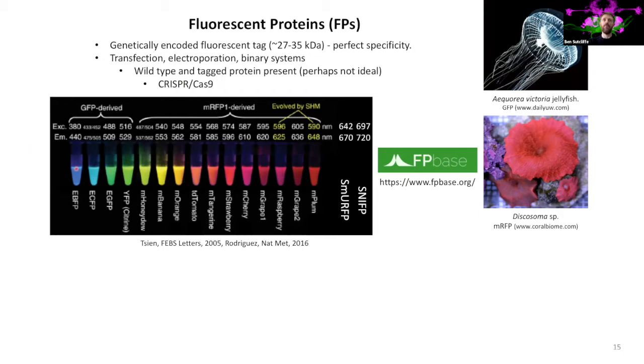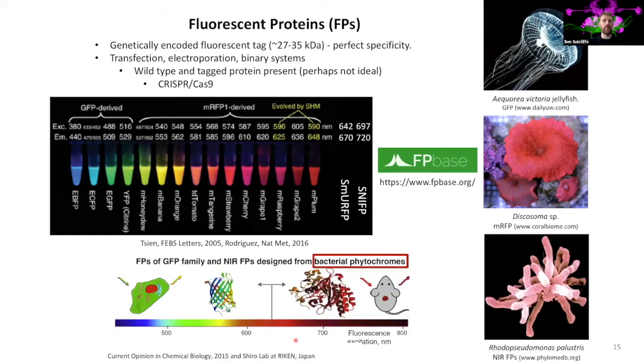And there's a plethora of different colors that you can choose from now, ranging all the way from blues out into the far reds. So there's many things to choose from to label with fluorescent proteins.